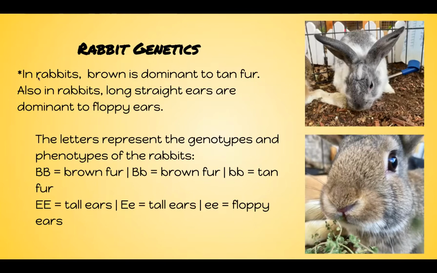So this is hypothetical, so I put a little asterisk by it. In rabbits, brown is dominant to tan fur. So for our purposes, we're going to assume that brown is dominant to tan fur. And then also in rabbits, which is true, long straight ears are dominant to floppy ears. So that picture to the right is showing a bunny with, well, actually that's Ms.